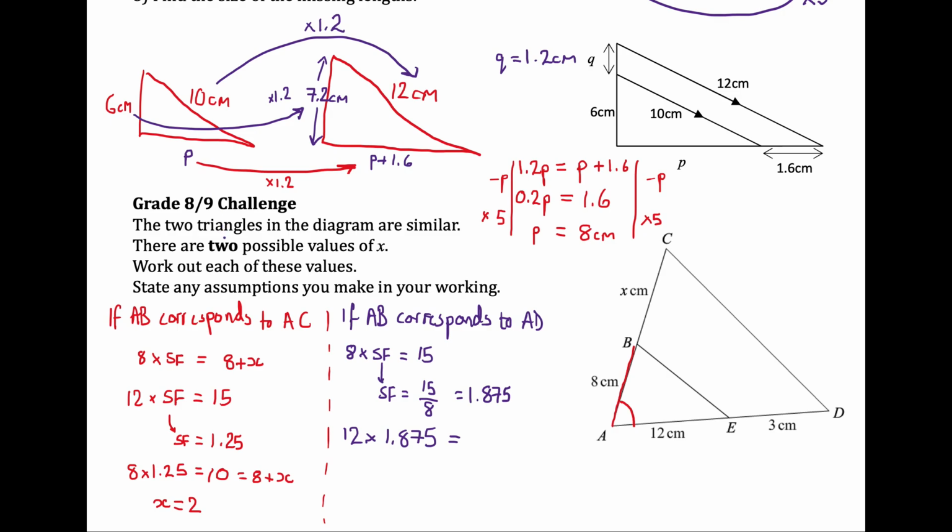It gives me 22.5, which is equal to 8 plus x. So from that assumption, x is equal to 14.5. Okay, so there's our two possible values of x. Well done if you've understood that.